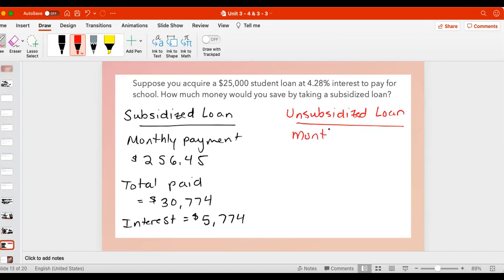Now for the unsubsidized loan, the monthly payment was $300.36. The total paid, you have to put that back in the calculator. We get 36,043.2.